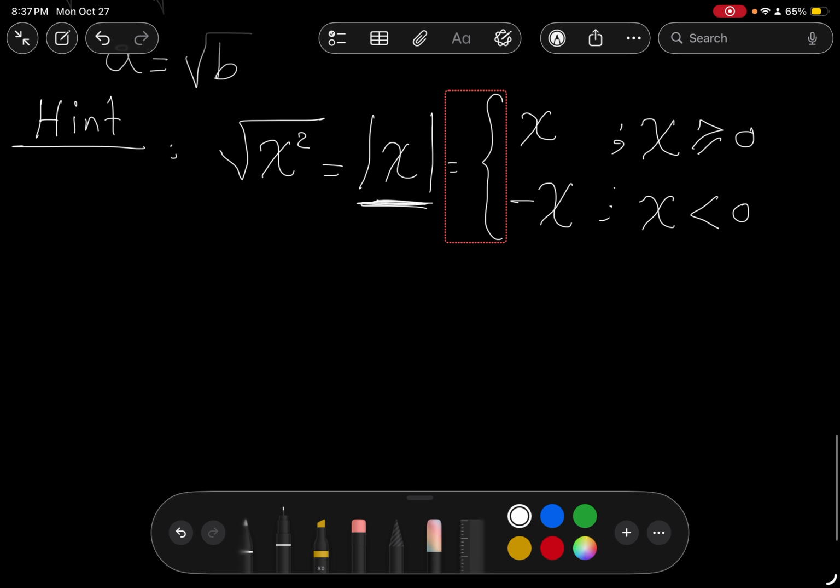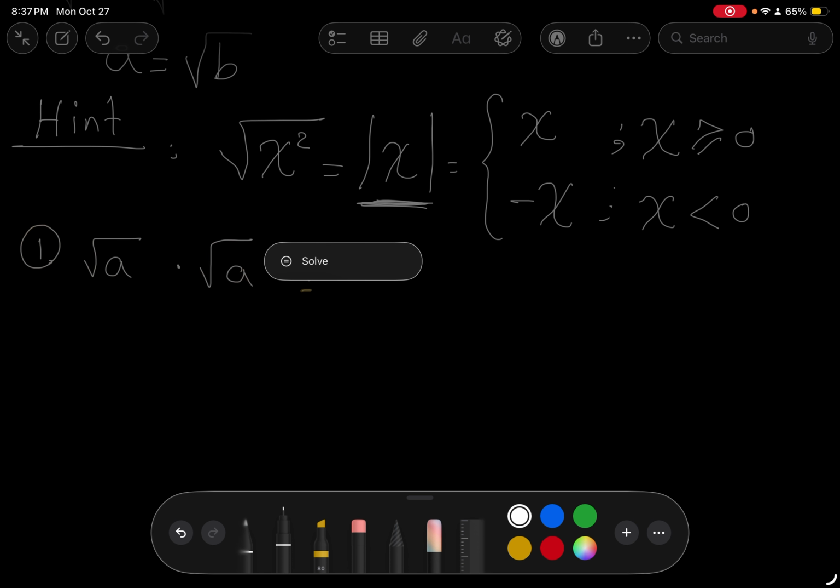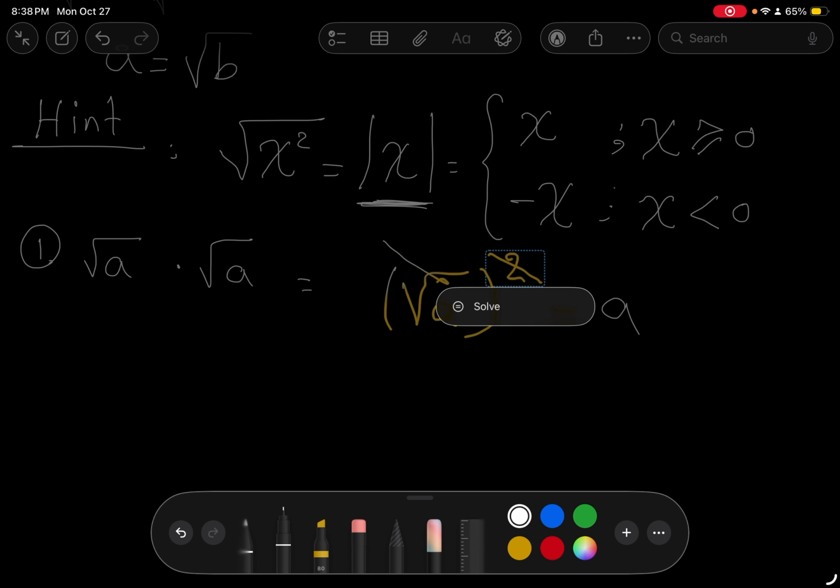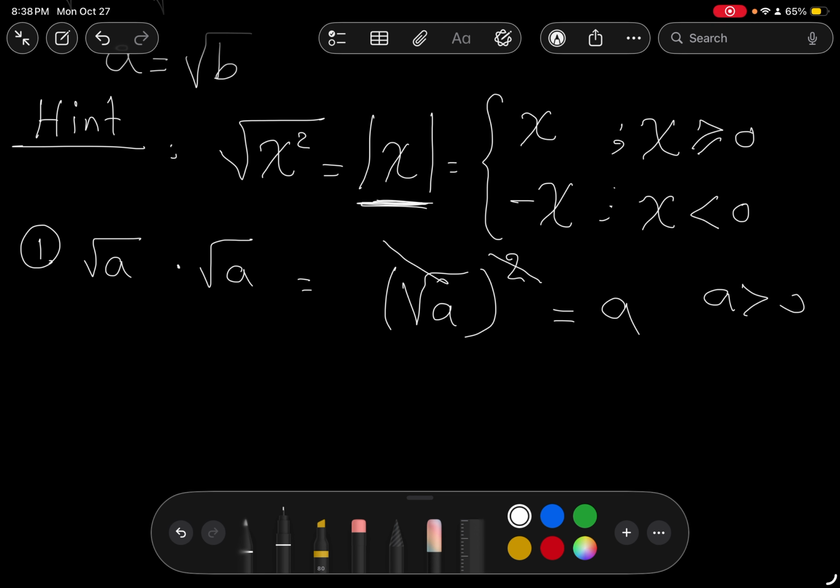Now we have properties of square root. The first one: the radical of a times the radical of a equals the radical of a times a, so the square with the radical equals a, if a is bigger than 0.